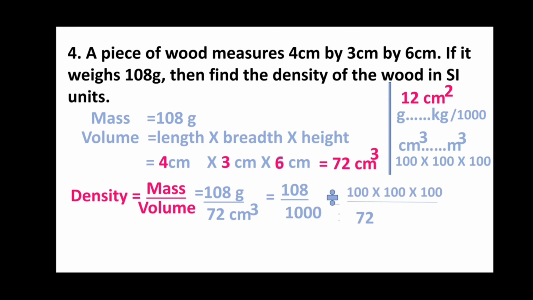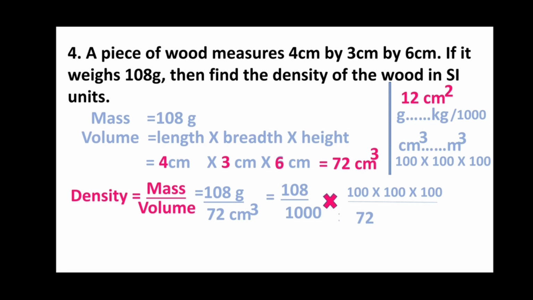But for doing like this, the condition is that the symbol should be what? Multiplication. So instead of doing division, if we are multiplying, then the denominator will change to numerator and numerator will change to denominator. The simple theory we have used here.